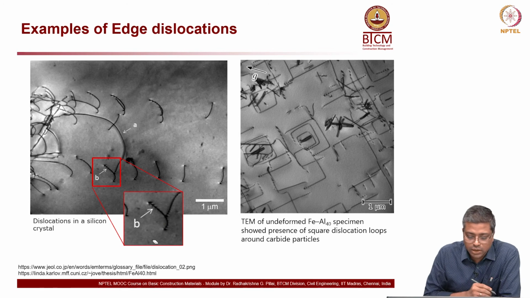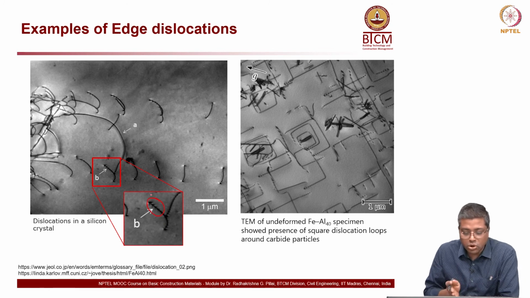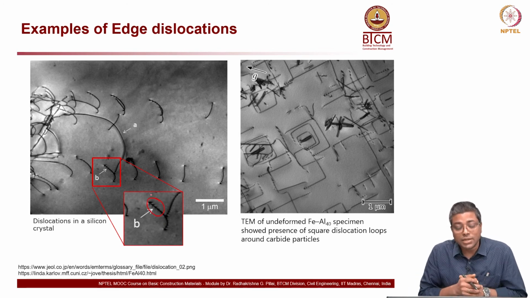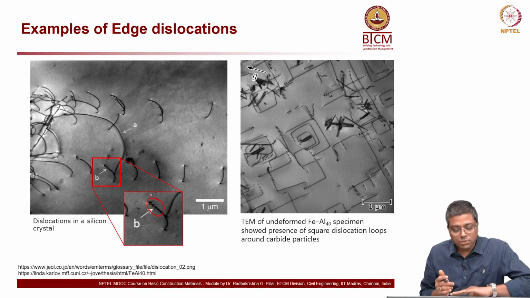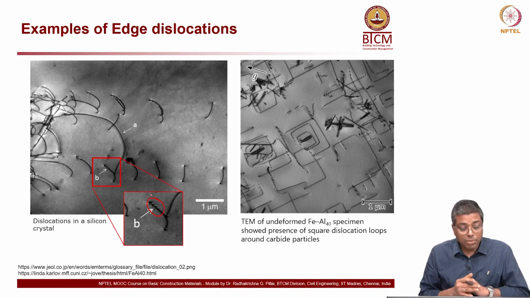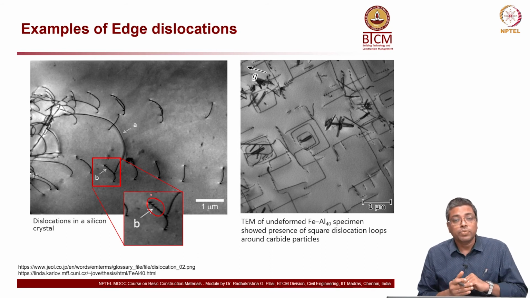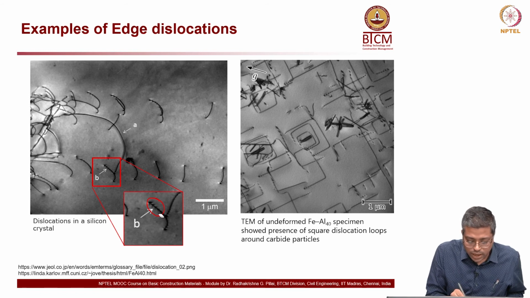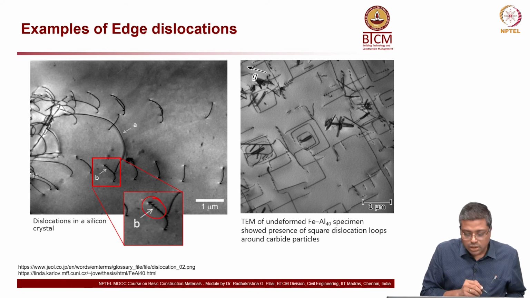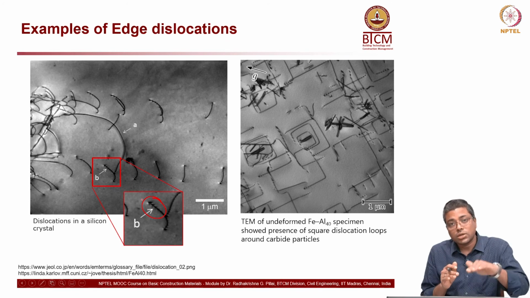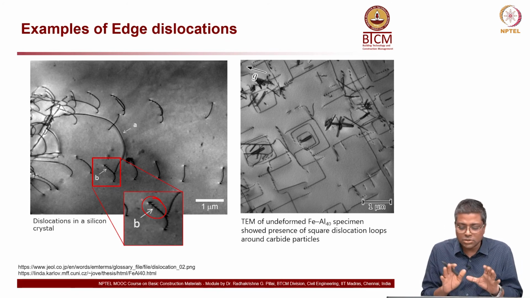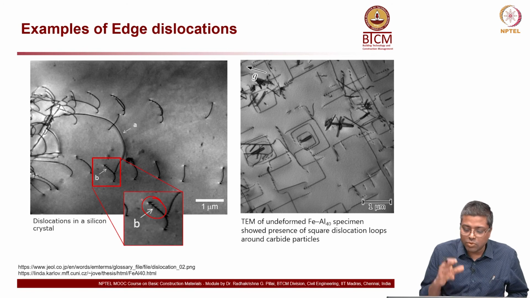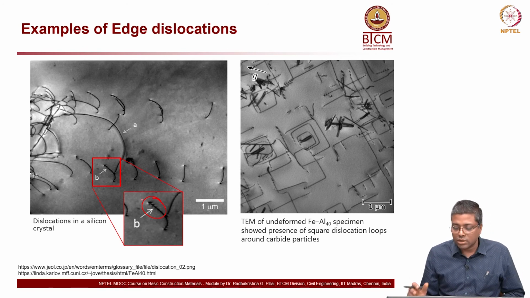Now you can see very clearly that it is not just the line, but there are also lines in the other directions. So, all these black lines, black curves, indicate the edge dislocation along the plane of the image. And where you have the zigzag lines like this, that indicates that there are also dislocations in the other directions. Just to give you an idea about what it really looks like in the real sense.